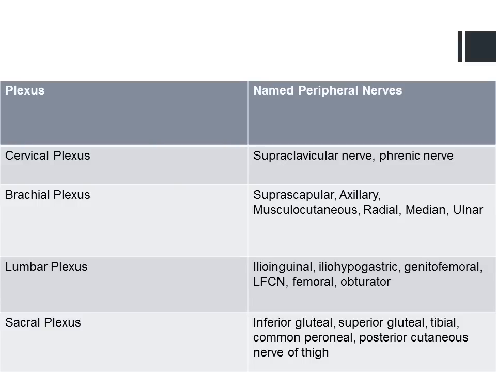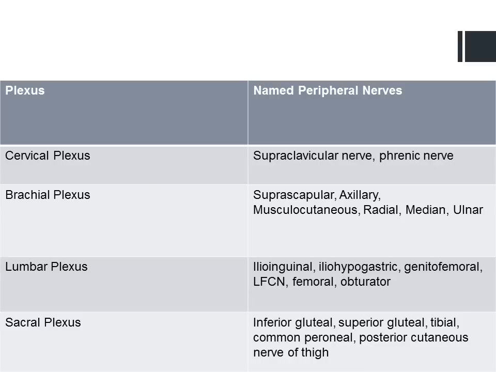And then once we have all of these plexuses, the cervical, brachial, lumbar, and sacral plexus, all of those nerve roots then coalesce into the named peripheral nerves that then travel out into the body and make up the bulk of the peripheral nervous system.